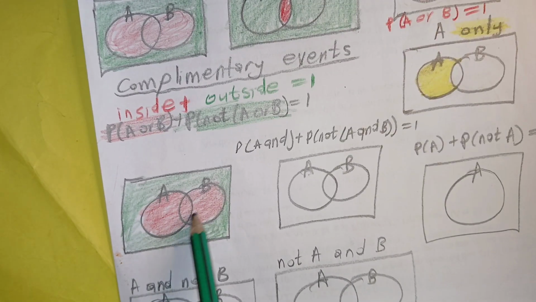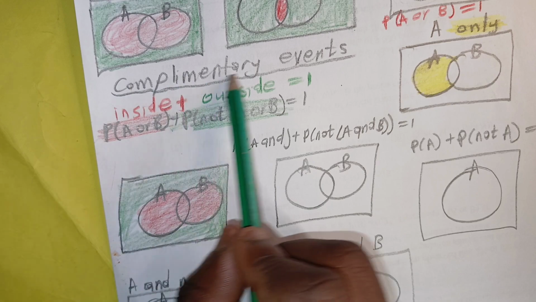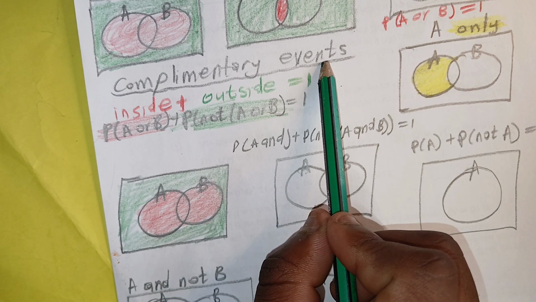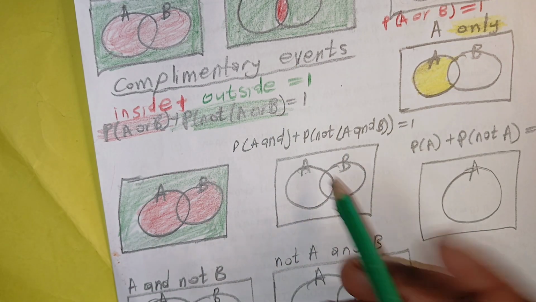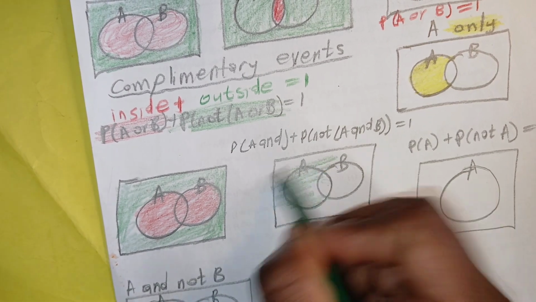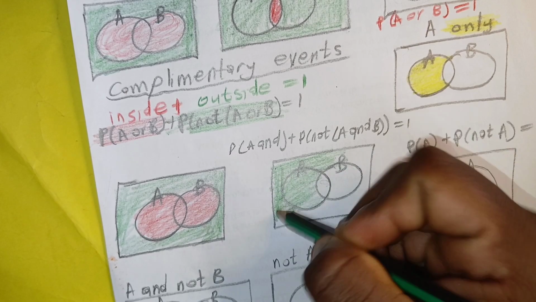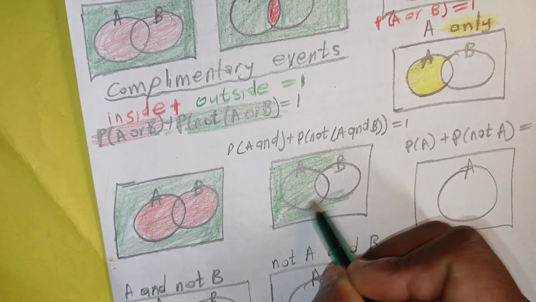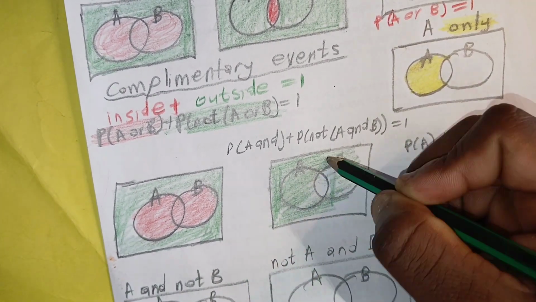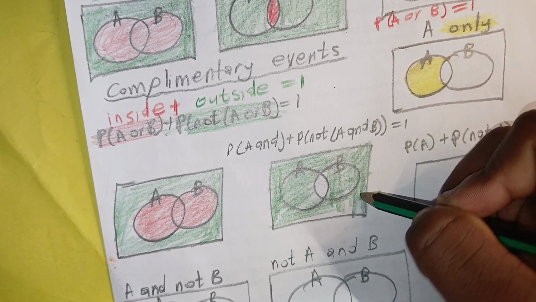So when I add what is inside and what is outside and I get 1, it means those events are complementary. Similarly here, if I add what is inside and what is outside and I get 1, it means these events are complementary events.